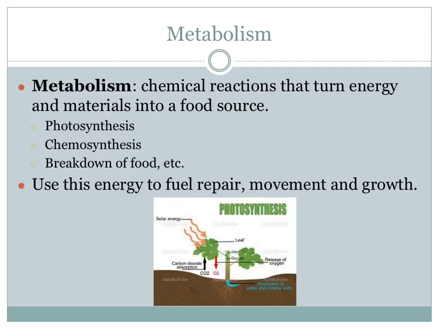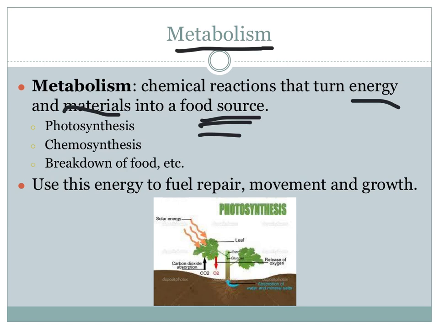So now our fourth requirement for something to be living. We talked about cells and organization, response to stimuli, and homeostasis. The fourth requirement is all living things have a metabolism. In other words, all living things can take energy and material and turn it into a food source, or vice versa. Plants are living, so they can take sunlight energy and carbon dioxide and water and make sugars.